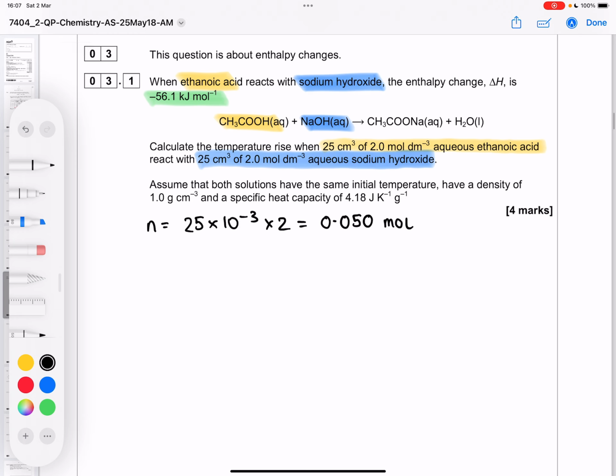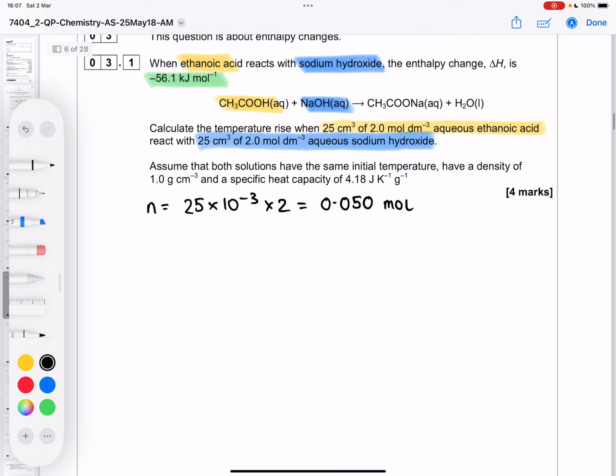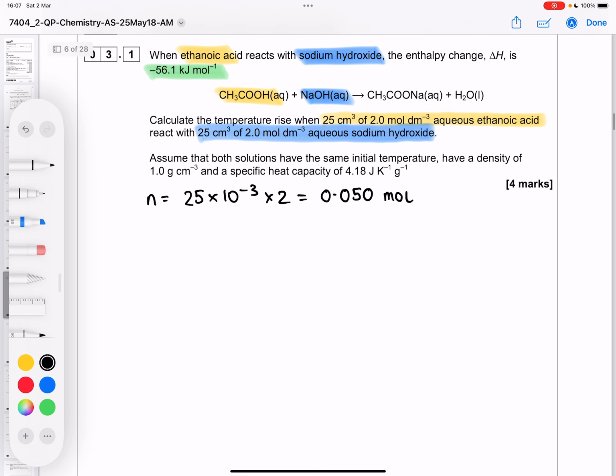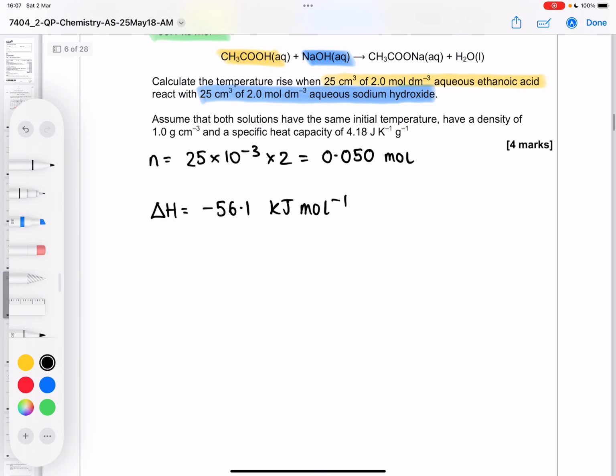Now, like we said, because it's the same for both and they're 1-to-1 in the equation, these are the reacting quantities, so we only need to calculate the moles of one. We know that the delta H value is minus 56.1 kilojoules per mole, and that we've got 0.05 moles, so we can work out the heat energy change for our 0.05 moles by saying 56.1 kilojoules of energy are released for every mole, but we've only got 0.05.